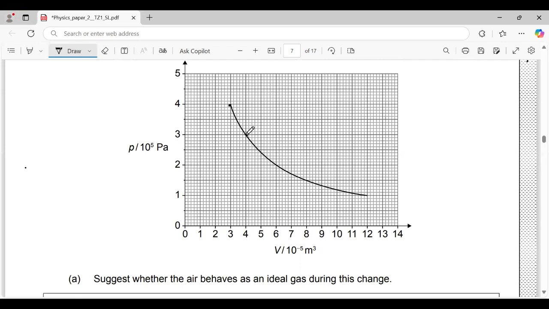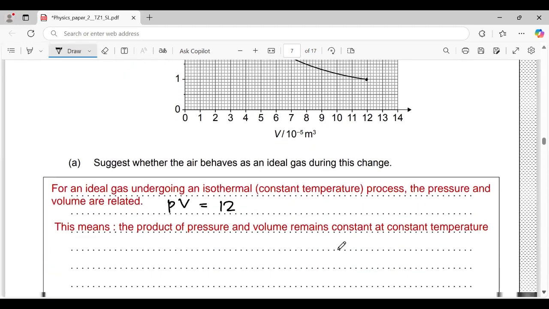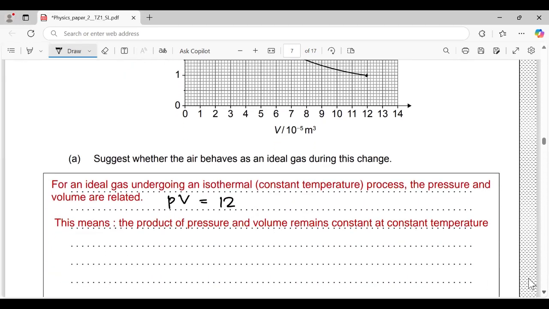This coordinate point: 3 times 4 is 12. As well, this coordinate point: 2 times 6 is 12. And then this coordinate point: 1 times 12 is 12. So that's why the constant number is 12.